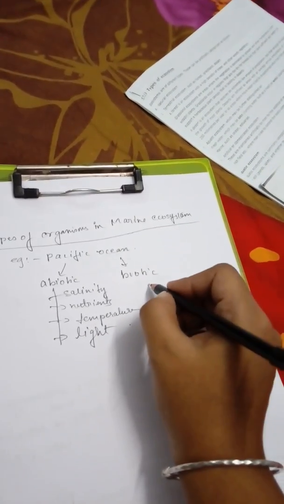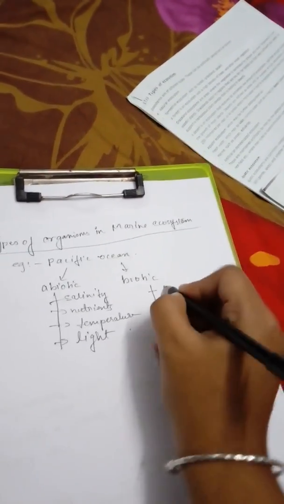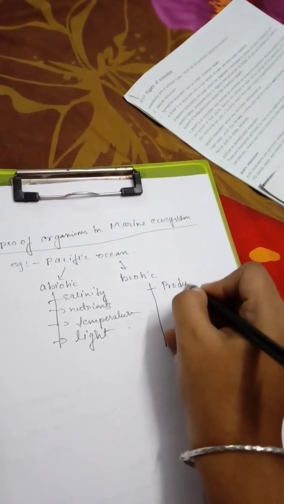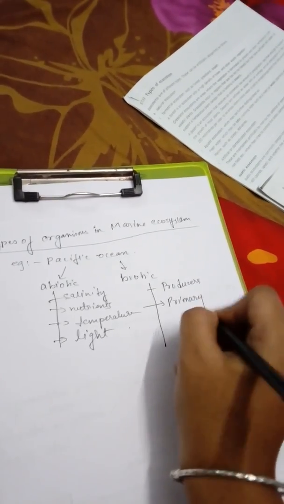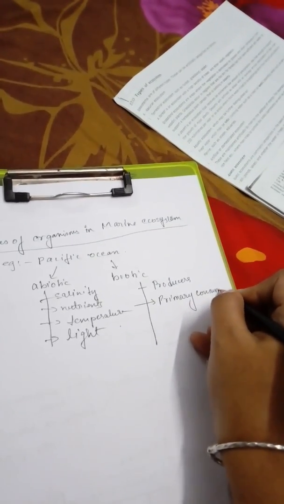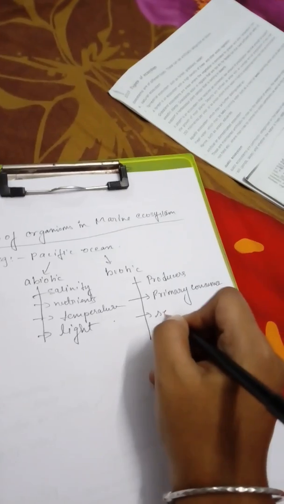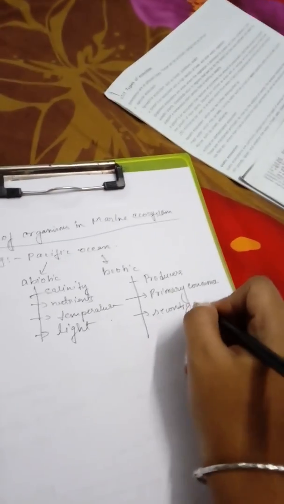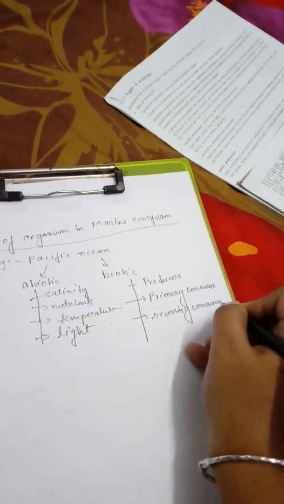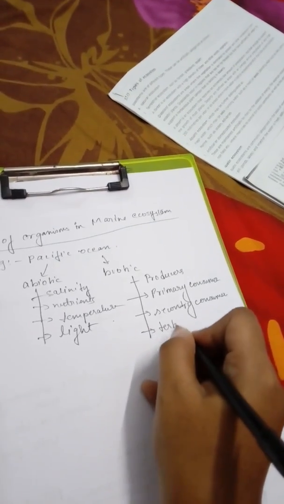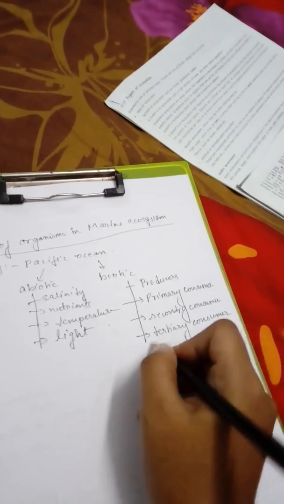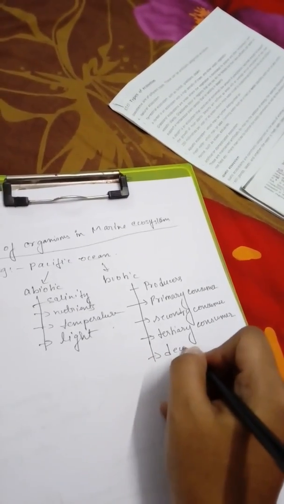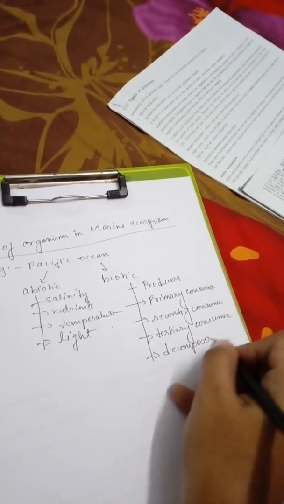Under biotic components, there lie producers, primary consumers, secondary consumers, tertiary consumers, and finally decomposers. Okay, all these are there.